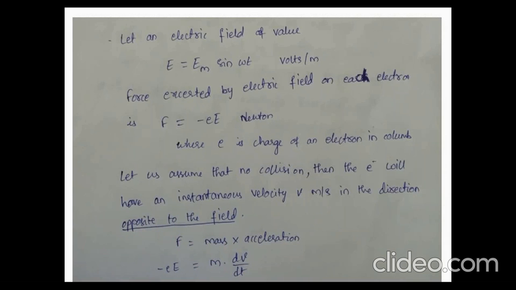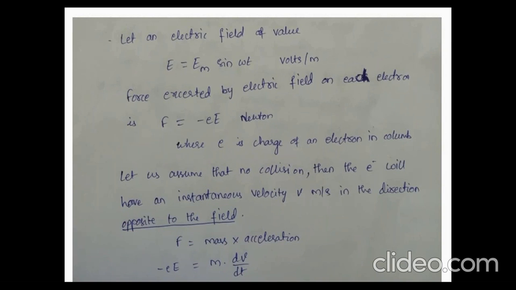So let us take an electric field as E equals Em sin omega t. Em is the maximum amplitude of the signal, and omega is 2 pi f, the angular velocity, and the field is in volts per meter. The force exerted by the electric field on each electron is taken as F equals minus eE.